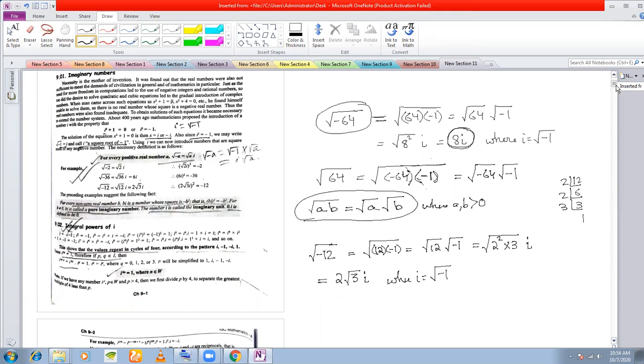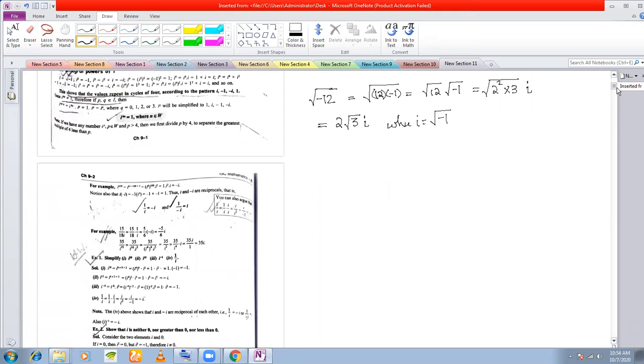Okay, now how do you know that i is square root of minus 1? That means i square must be equal to, if you square both sides, minus 1, right? So how do you calculate other powers? How do you calculate i cube? What you do here is you break i cube as a power of 2.